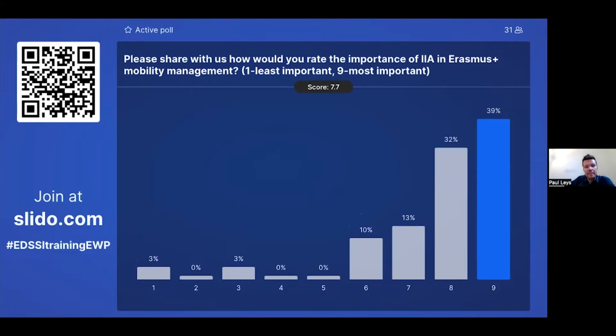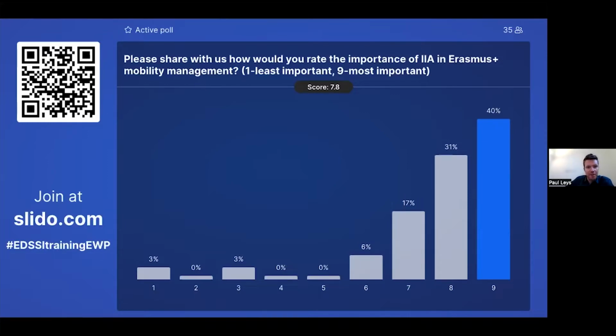You do not need an agreement, but for the others, and I think most of the colleagues voting, they rate it as rather important towards very important, because, like explained in the beginning, it's the legal basis for mobility. When you receive an audit from the national agency and you send students for student mobility for studies, they will definitely check whether there was an agreement, can you show the agreement, was it signed by both partners, and all this kind of stuff.